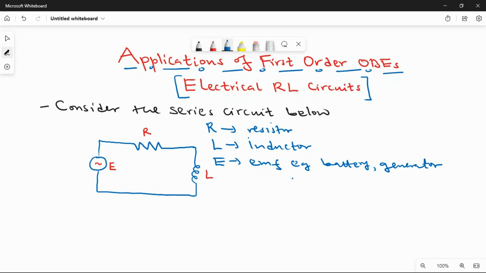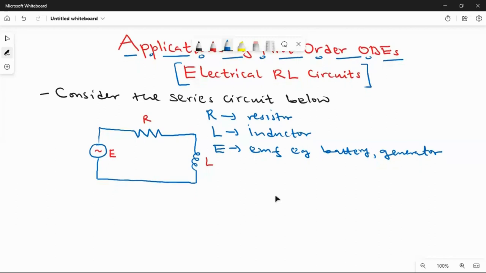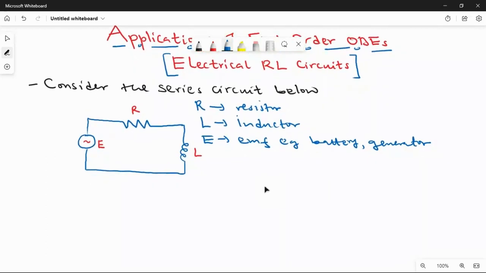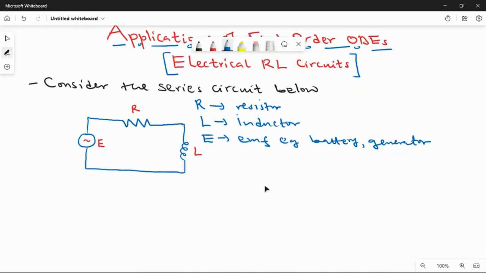Now the EMF means electromotive force, produces a flow of current in a closed circuit, and the current produces a voltage drop across each resistor and inductor. Now, there are some laws that we are going to apply to be able to come up with the ODEs governing the flow of current in this series circuit.